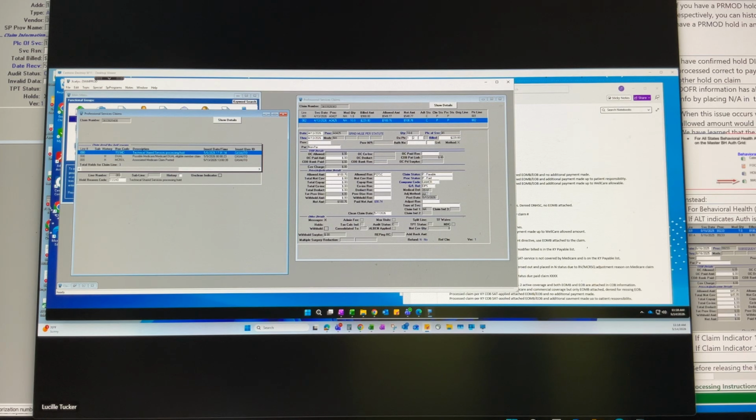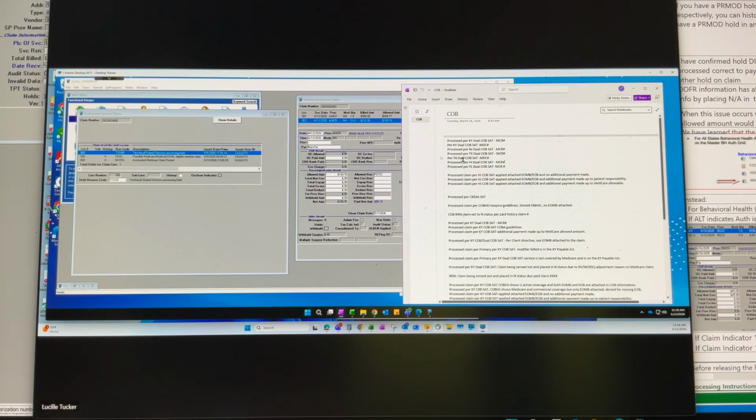Is that the same note on both except the numbers are switched? Well, the first note is I'm processing per the dual. And then the second note says, per Texas dual COBSAT. The reason I'm not processing it, I'm just putting the note on there, is because the Texas dual COBSAT tells me that I have to put a note on the Medicare claim.